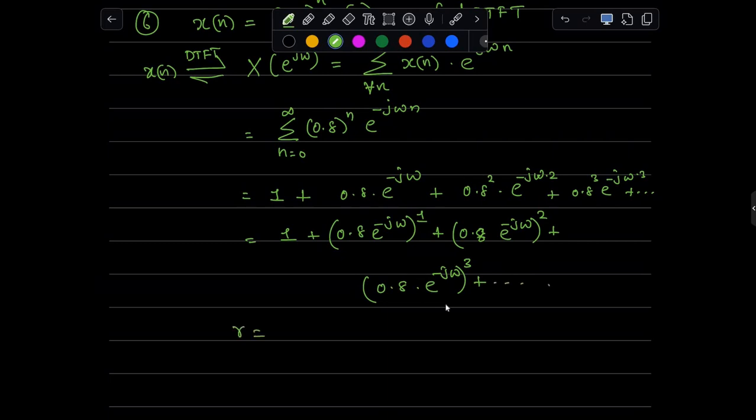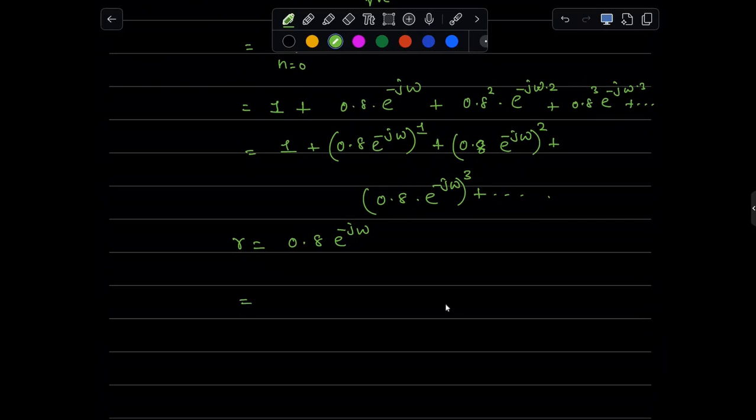Let us consider r equal to 0.8 times e power minus j omega. Then this is in the form 1 plus r plus r squared plus r cubed and so on, and this summation is 1 over 1 minus r, provided the magnitude of r is less than 1.